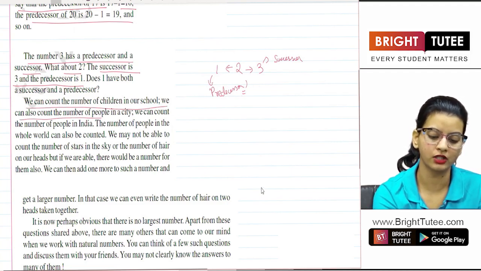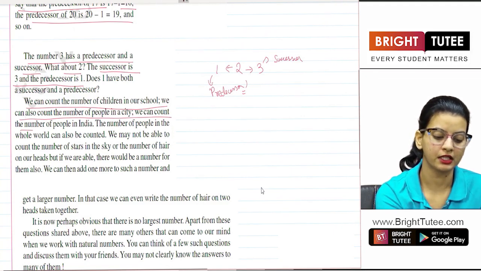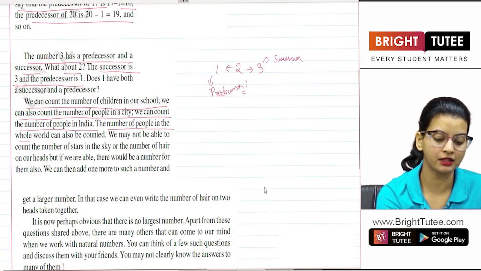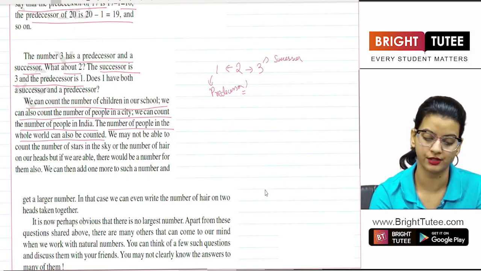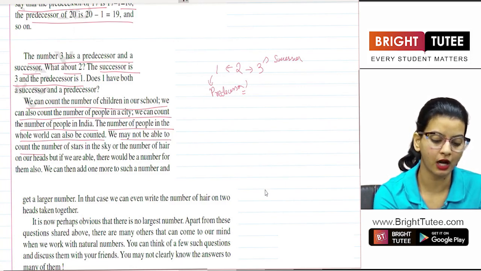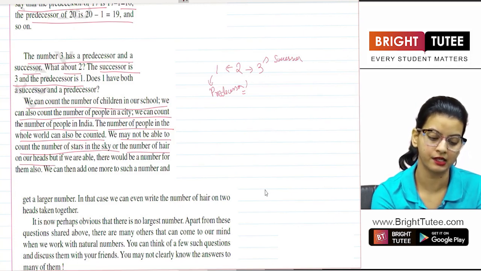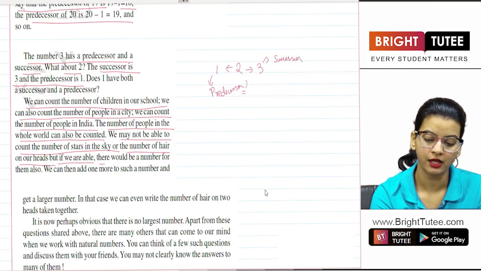We can count the number of children in our school. We can also count the number of people in a city, in India, and even in the whole world. We may not be able to count the number of stars in the sky or the number of hair on our heads, but if we are able, there would be a number for them also.